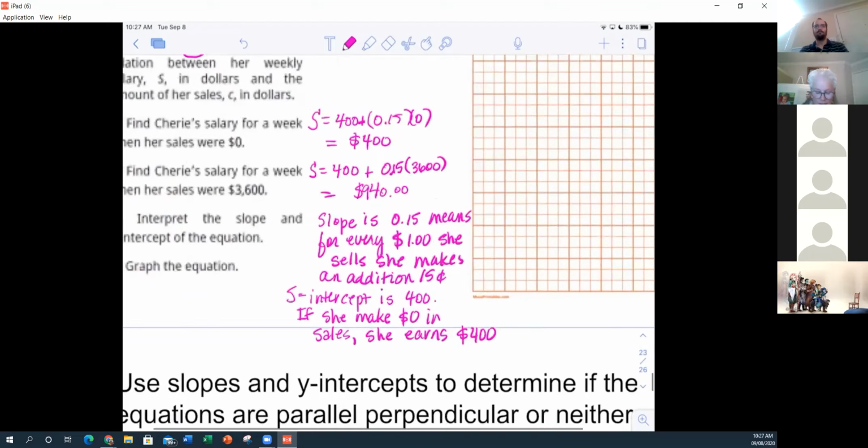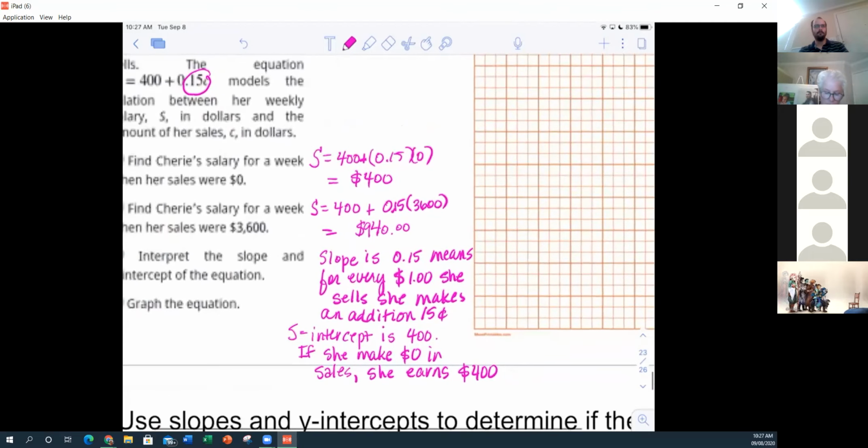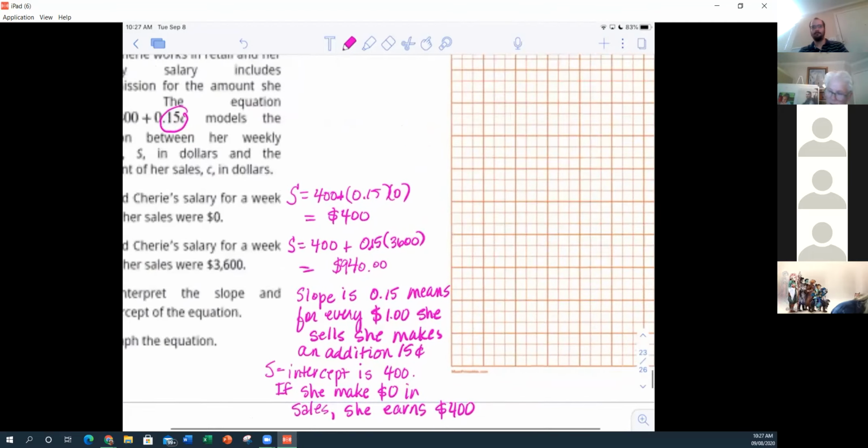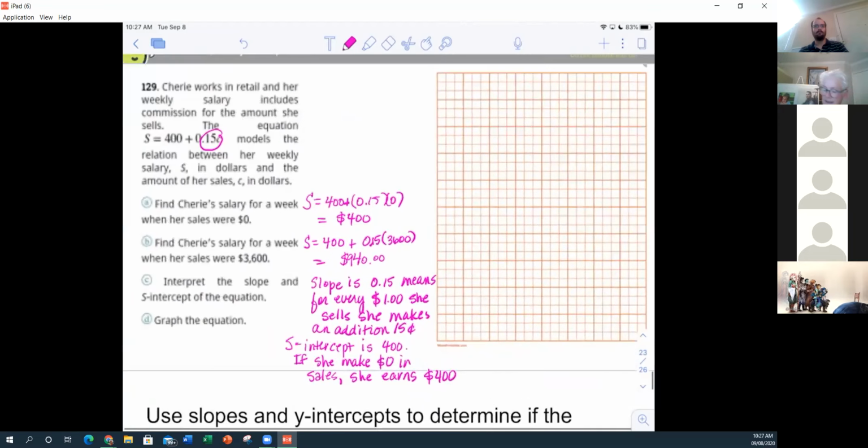So now we're going to graph this thing. And again, we're only talking about the first quadrant because she's not going to make negative sales, not going to make negative dollars. The minimum that she can make is $400. So the x-axis or the c-axis is going to be what?